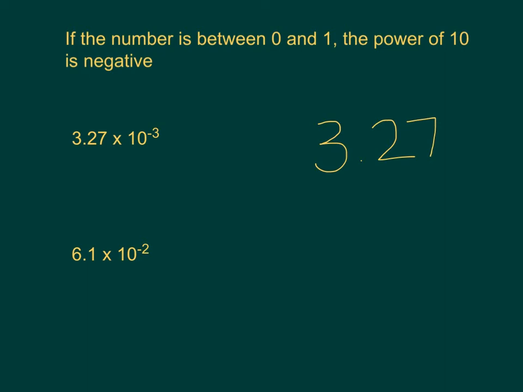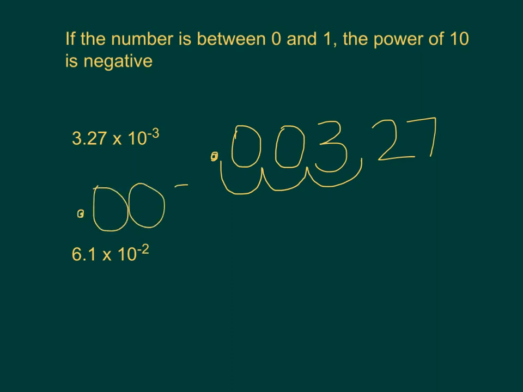So we're going to move it to the left 3 times. 1, 2, 3. That puts my decimal point right here. Put in zeros in the empty spots. So the correct answer would be 0.00327.